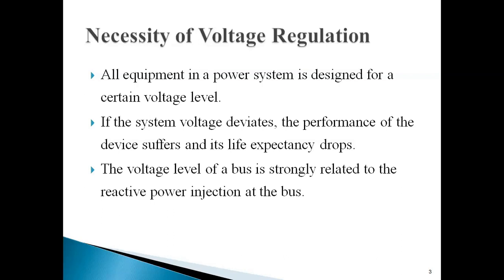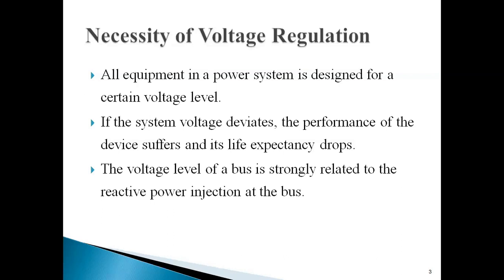Whenever we have a surplus of reactive power, we face the problem of over voltage. Whenever we have a deficit or shortage of reactive power, we face the problem of low voltage. But we expect normal voltage, that is, the voltage level within the acceptable limit.